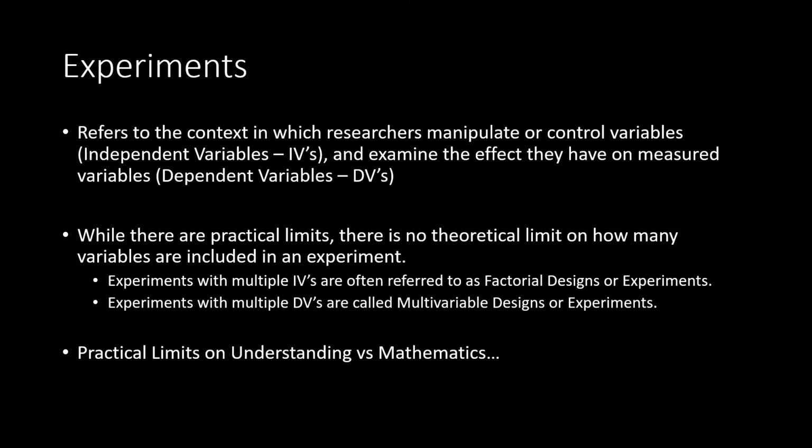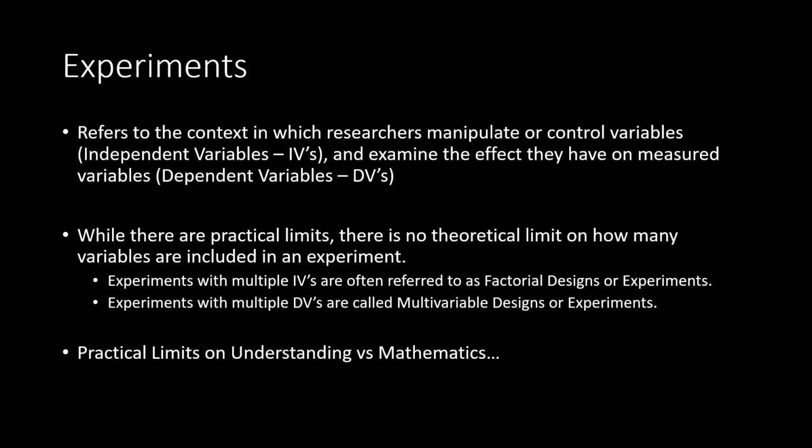Now, these experiments in which you have multiple independent variables are often referred to as factorial designs or factorial experiments. And here, factorial is just referring to the independent variables themselves, which are sometimes called factors. Now, we won't talk about it in this lecture.